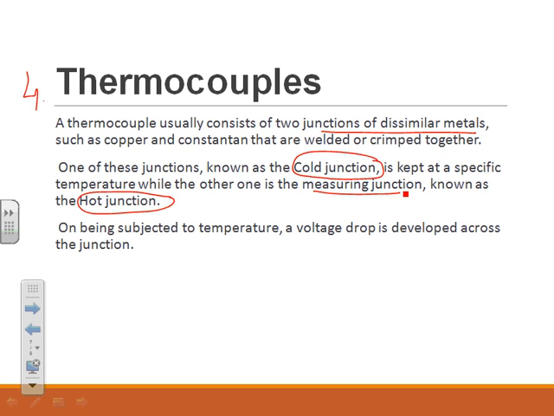By comparing the temperature difference between these two junctions, we measure the temperature. When subjected to temperature, a voltage drop is developed across the junctions. By measuring this voltage drop, we can calculate the temperature. So these are the different types of contact and non-contact type temperature sensors.